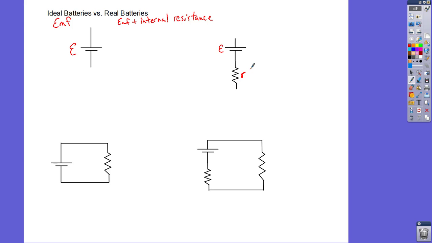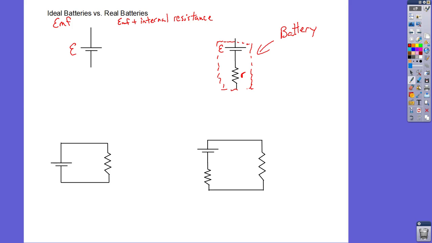Okay. So what this means is the actual battery, if I were drawing the case of the battery around here in a physical representation, it would go something like this. Okay, so that would be the battery. Would be those two things put together.